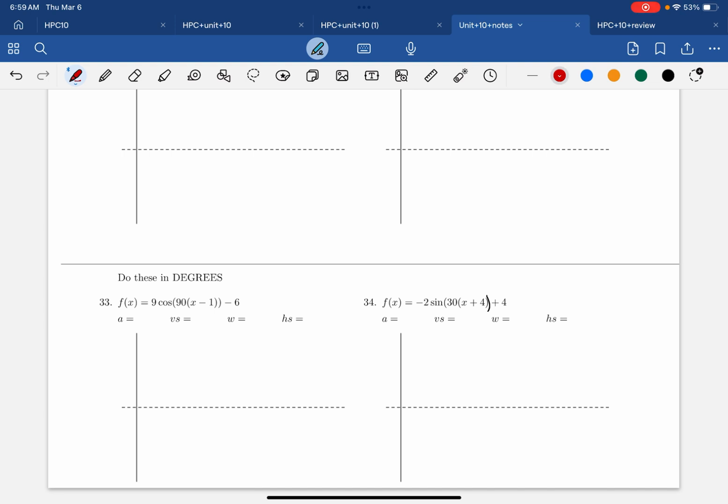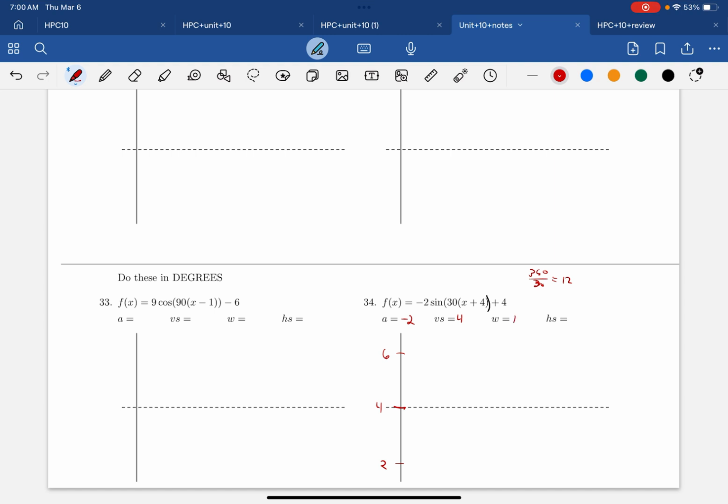All right, amplitude, -2. That's easy. Vertical shift, +4. Let's just do that right now. 4 up to 6, down to 2. Excellent. Wavelength, well, we have 30. So in this case, it's 360 divided by 30, which is 12. There you go.